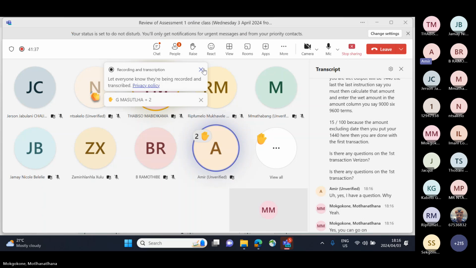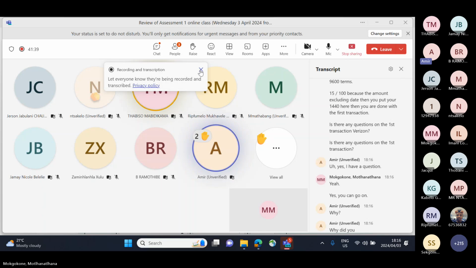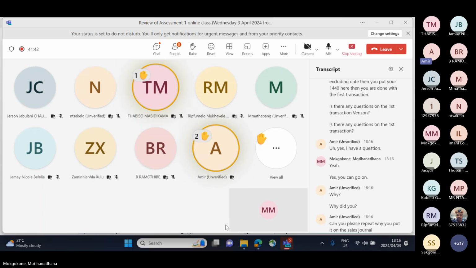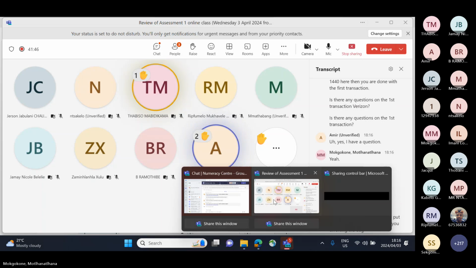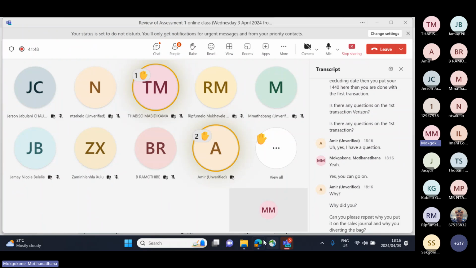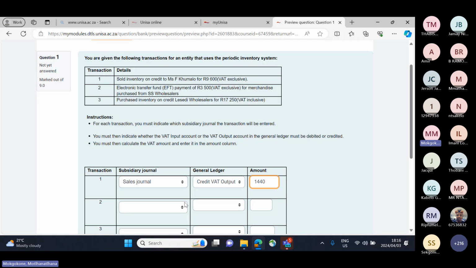Can you please repeat why you put it on the sales journal and why you are debiting the VAT? Well, let's go to the question again. Remember, transaction one says sold inventory on credit. And remember, we said under sales journals, we record all trading inventory sold on credit, because inventory sold for cash will be recorded under cash receipts journals.